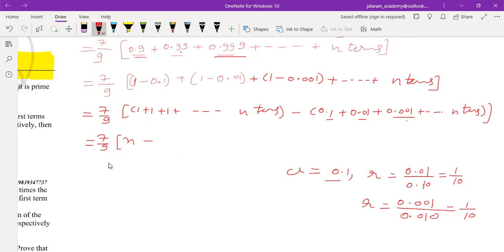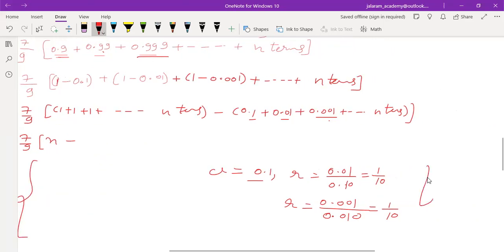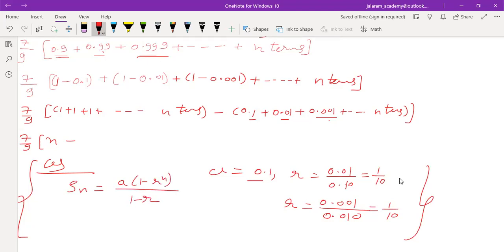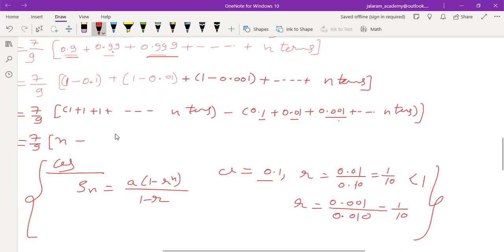And we know that the sum of n terms of a GP is given by Sn equals a into 1 minus r to the power n upon 1 minus r, whenever r is less than 1. So a is 0.1 into 1 minus r, where r is 1 by 10, which can also be written as 0.1.